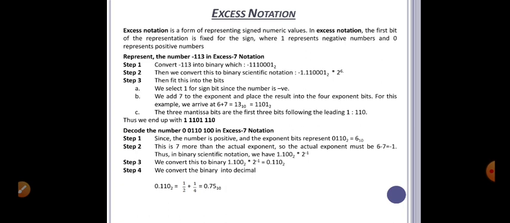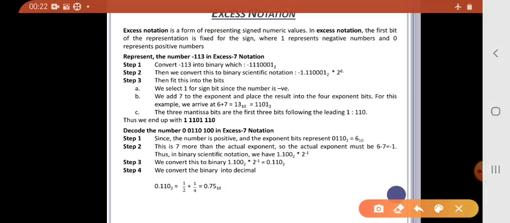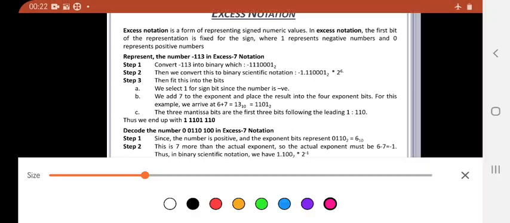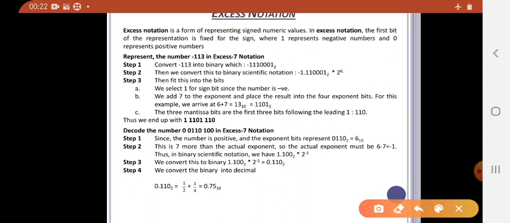In the same manner, if excess 4 notation is given, then the excess is of 4 bits. So let us understand it with this example: represent the number -113 in excess 7 notation.